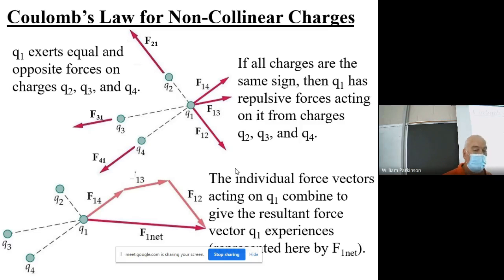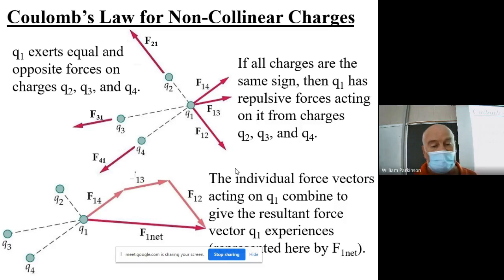So if I took the 3 arrows in red from the top picture emanating out of Q1 and connected them individually from tail to tip, tail to tip, tail to tip, and then drew the connecting line from that beginning tail to the ending tip, I would get a vector of length and direction that you see listed as Fnet.